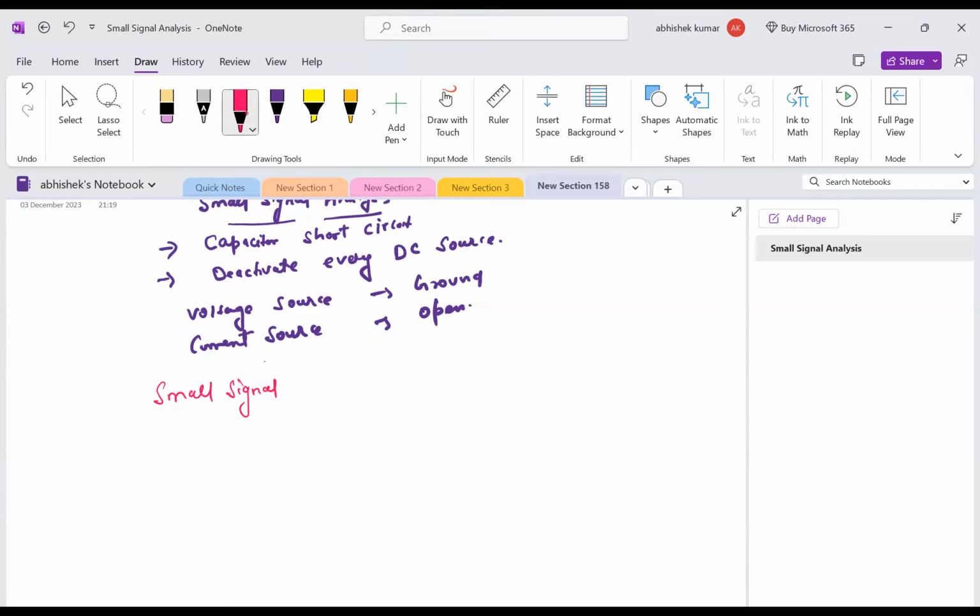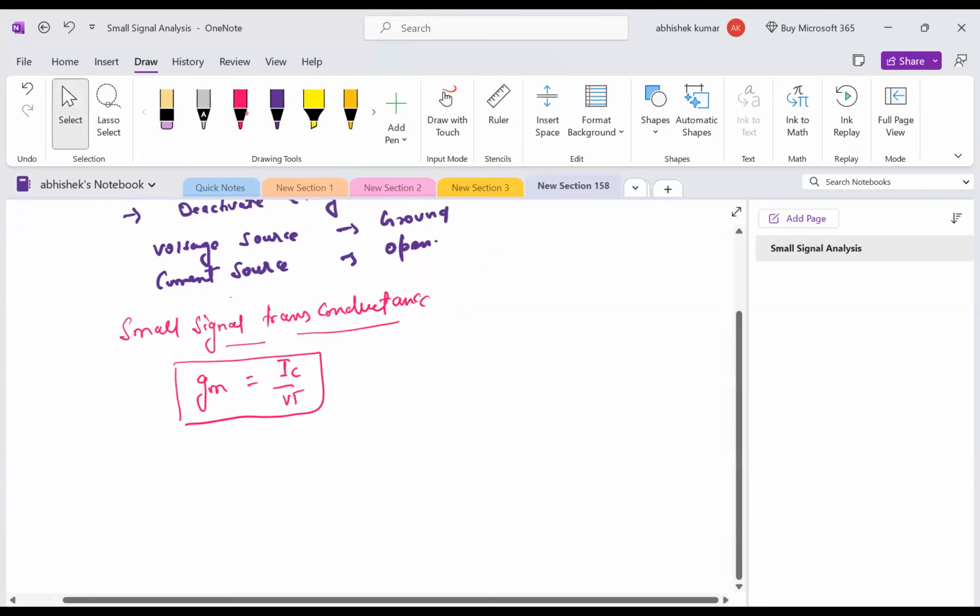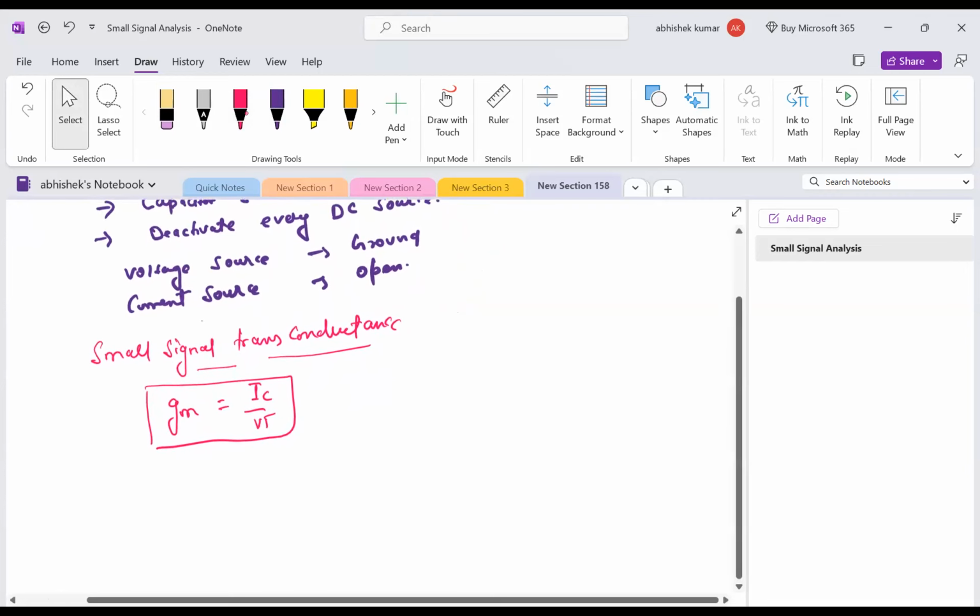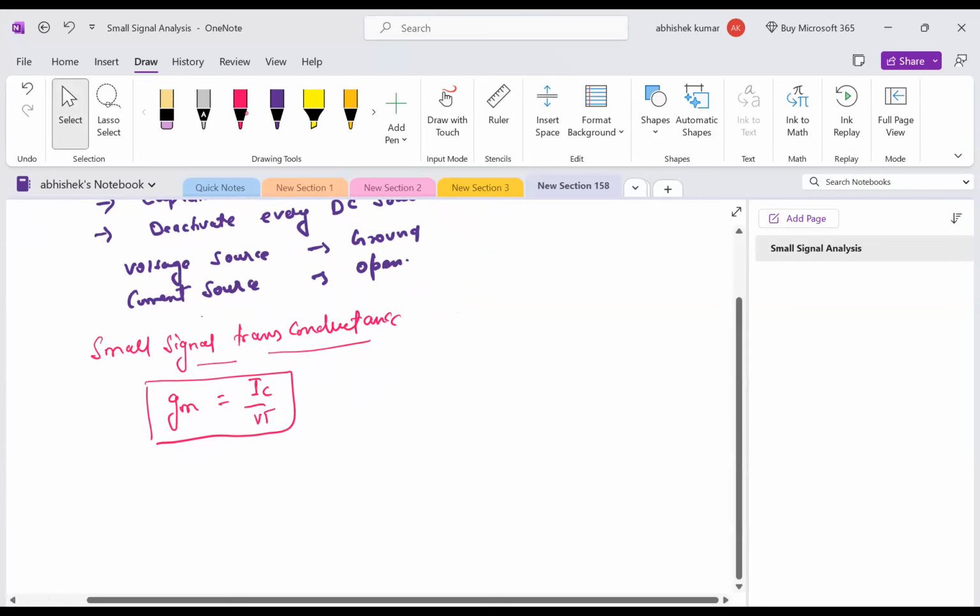That is denoted by GM, and the formula is IC by VT. GM is IC by VT.